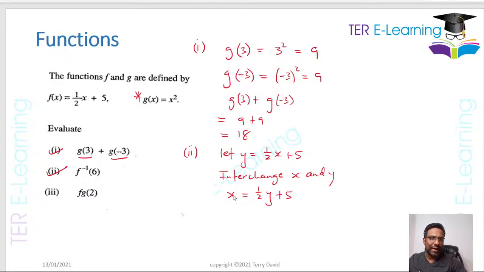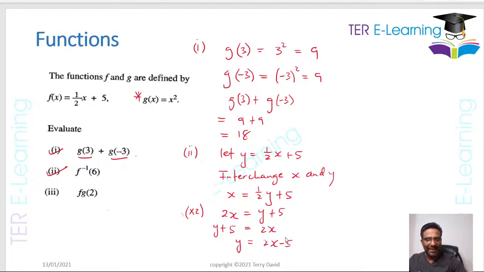Now, I don't like to work in fractions, so I'm going to multiply throughout by 2 to get rid of that fraction. So this is going to be 2x is equal to y plus 5. So therefore, y plus 5 is equal to 2x, and therefore y is equal to 2x minus 5, right?